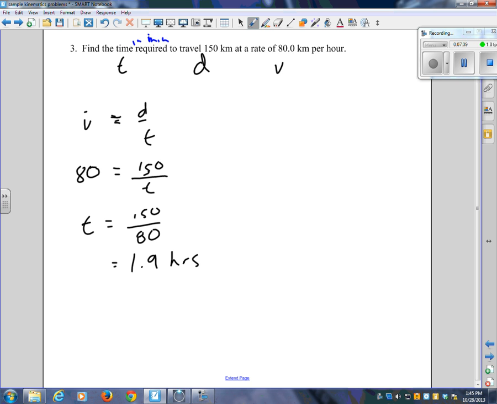It would be 1.9 times 60. And I actually have 1.875 times 60. I get 112.5 minutes. Should you round that 1.9 off, seeing as it was 1.875 exactly? I wouldn't. I would leave it as 1.875 and multiply by 60 to get a more precise answer. But again, showing me your work, showing me your level of understanding is what I'm looking for.